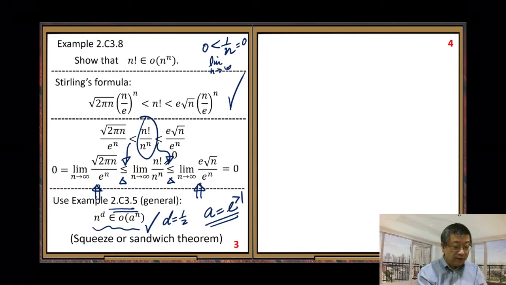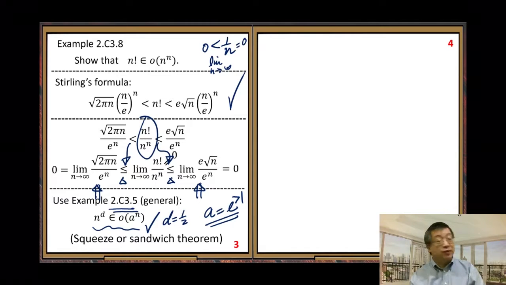Here we use a theorem. Some people call it the squeeze theorem, some people call it the sandwich theorem. You just pick the name you like. So we get a solution, we get a proof. Think about that.